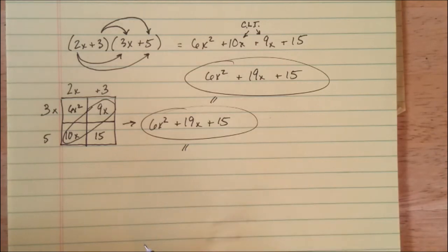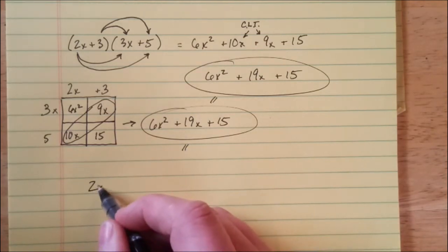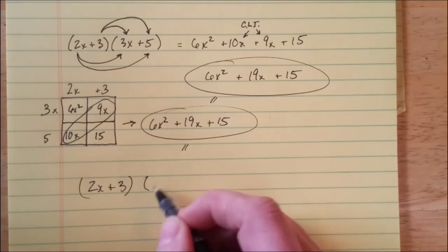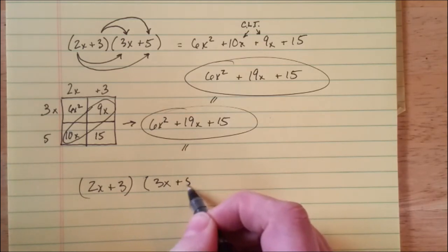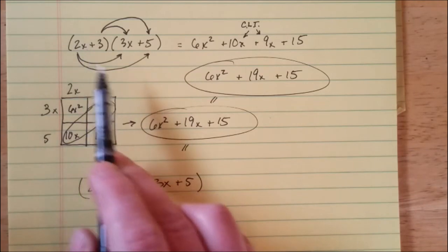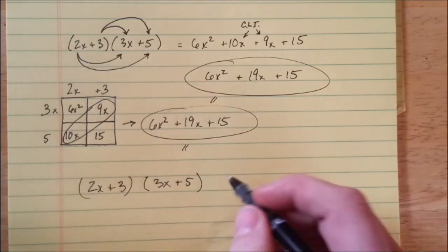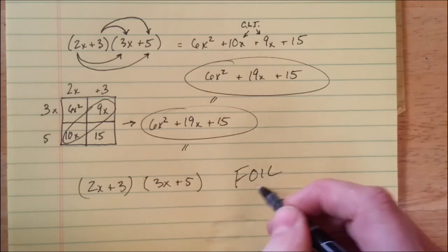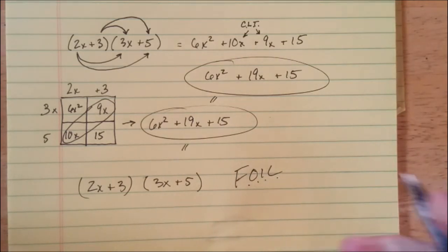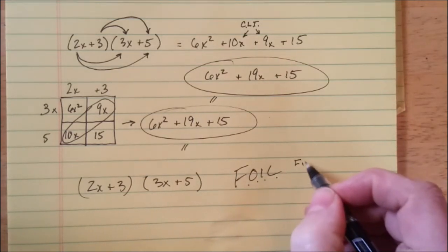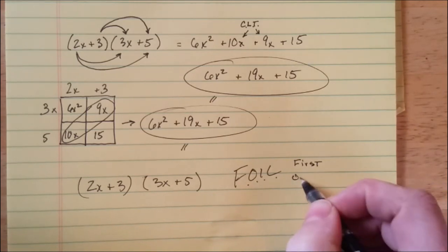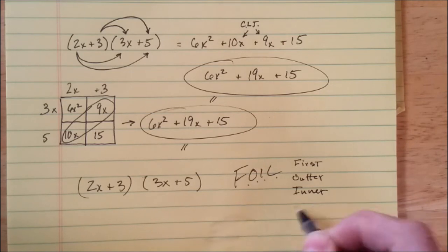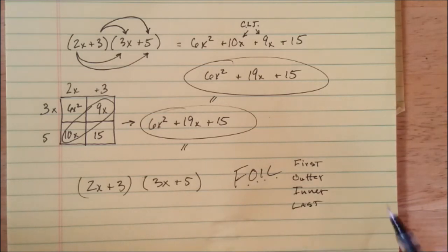And one other way I'd like to show you. 2x plus 3 times 3x plus 5 was our original problem. This is the same idea of double distribution, but there's a little pattern that some people learn called the FOIL method, like tinfoil. This stands for first, outer, inner, and last. Check this out.